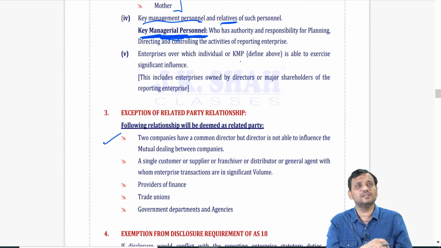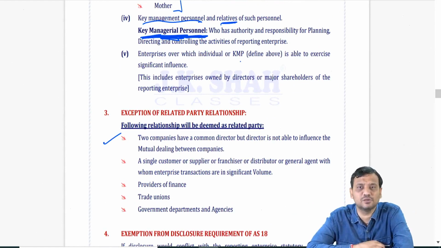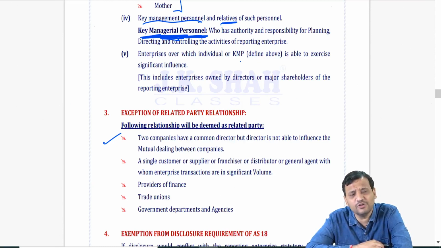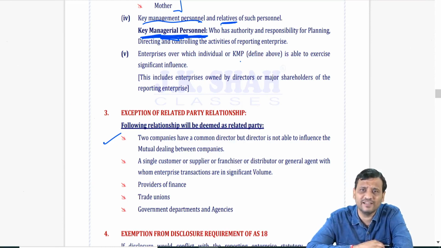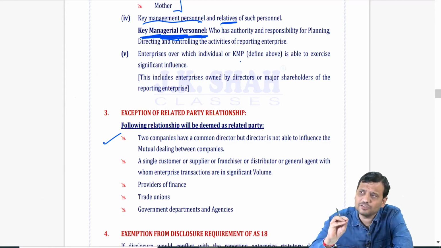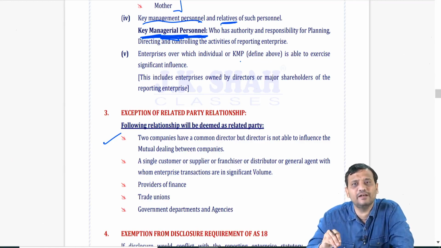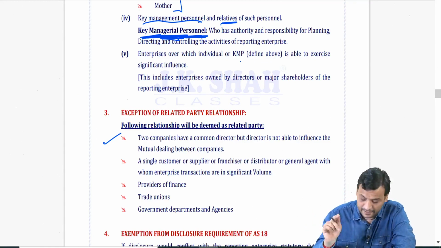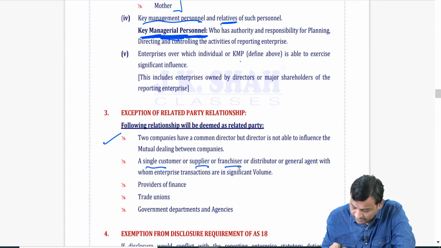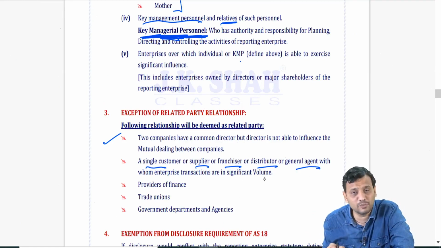Then, see, many a times we have economic dependence on somebody: customer, some service provider, trade unions, providers of finance, franchisee, general agent. These are the entities or persons on which we are having dependence. Economic dependence is there. The standard says even though you are having dependence on them, that will not make those parties related party, like a single customer, supplier, franchisor, distributor, general agent with whom the enterprise has significant volume of transactions.